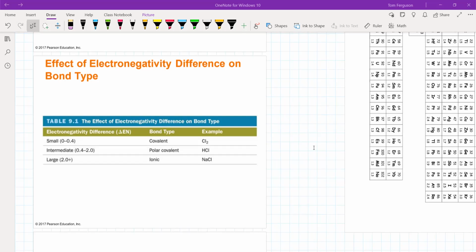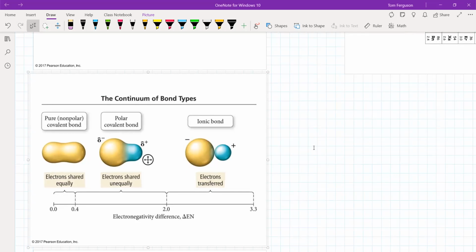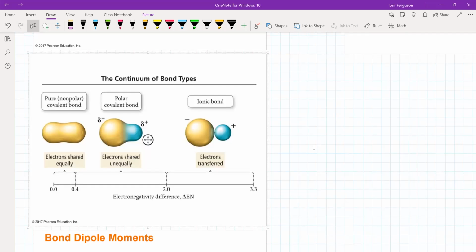Yesterday we talked about these numbers here. Talked about the delta. The delta EN being 0, less than 0.4, less than 2. And this is a nice diagram to show that. However, I'm going to differentiate 0 versus 0 to 0.4, okay?